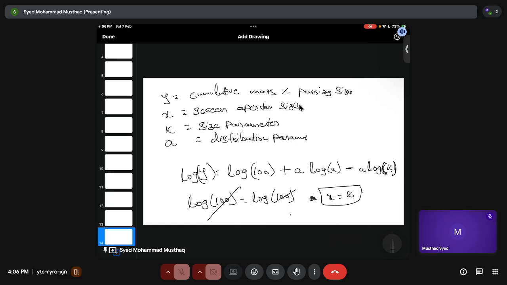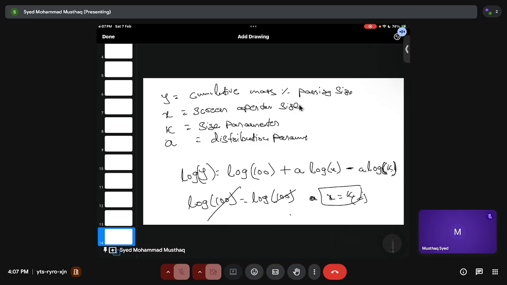So k gives me the measure of the top size where you get 100% retained, and nothing goes through. Then what is your a? a tells you the range of different sizes in your sample.